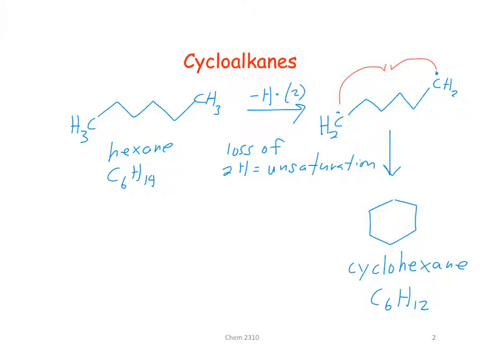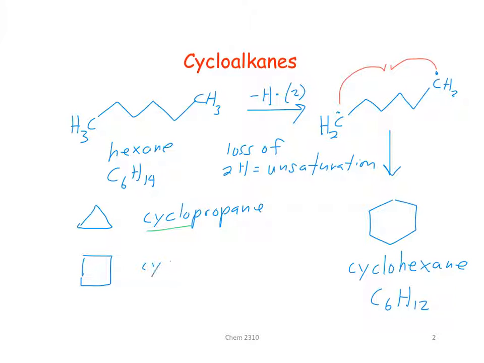Let's look at some other ring sizes that are possible. If we have 3 carbons, we can make it into a triangle like this. This is cyclopropane. So all we do is we write cyclo in front of the normal alkane name. We could have 4 carbons.